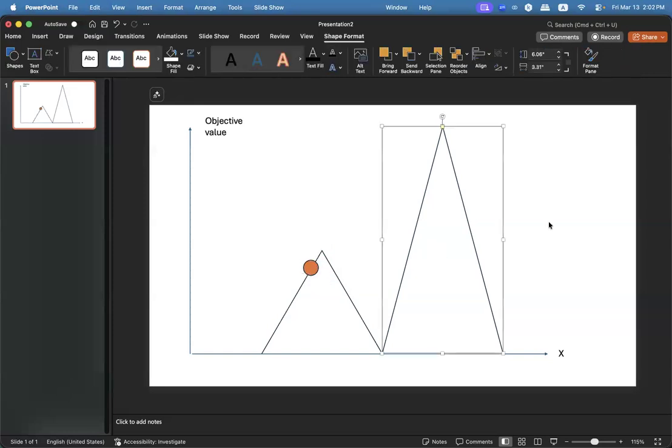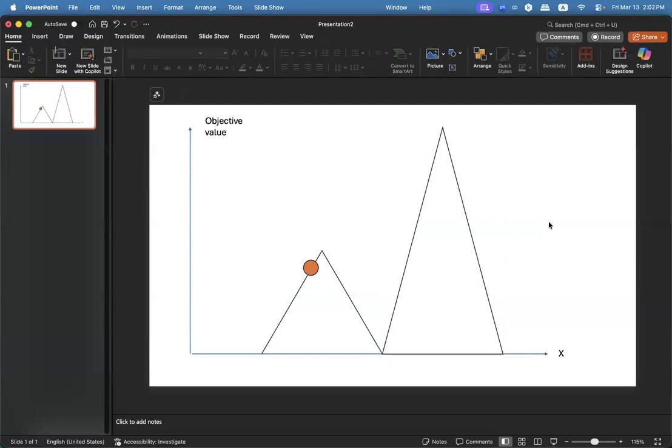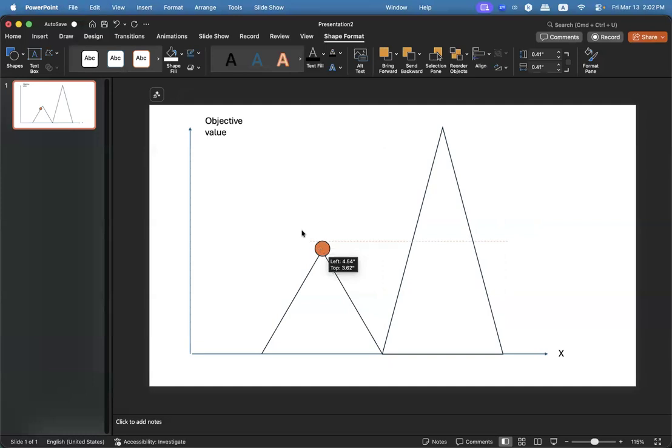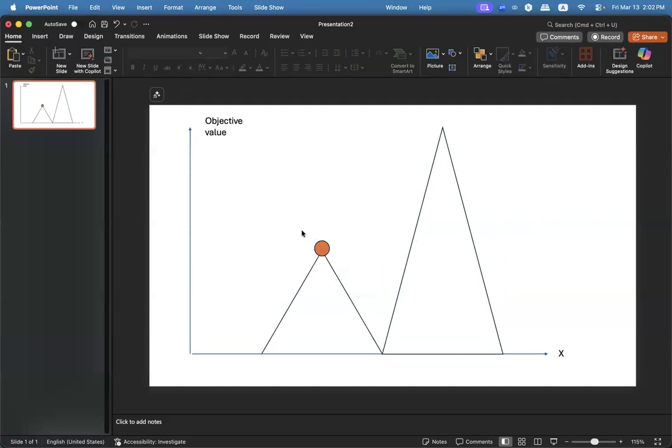Because our state is right here, it will try to move right, because moving right will give us a better objective value. But when it reaches here, that is the real issue. It will get stuck.